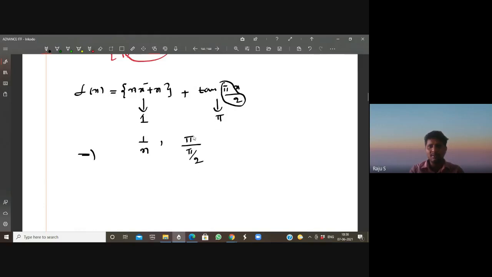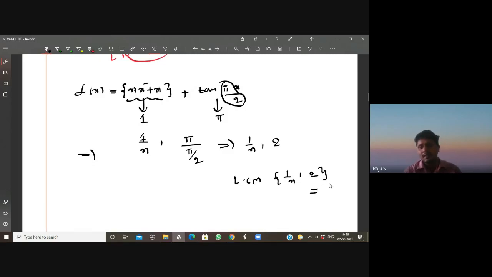Cross multiply, it becomes the denominator: 1 by n here, and pi by 2 there, so pi gets cancelled and we get 1 by n, 2. When we have the sum of two different functions, you have to take the LCM. What is the LCM of 1 by n comma 2?